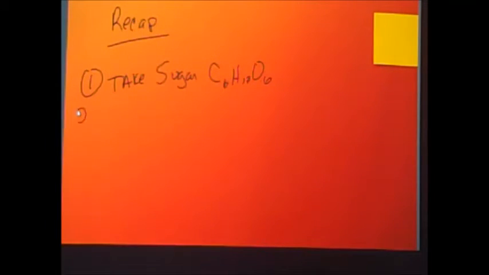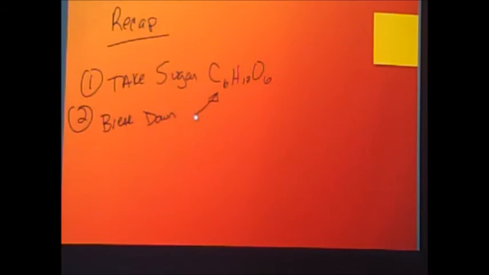So, to recap, cell respiration. First, we take in sugar or food, C6H12O6. We then split that sugar, or break that sugar down.